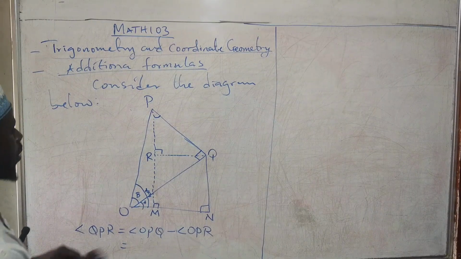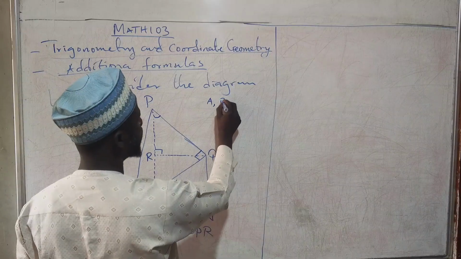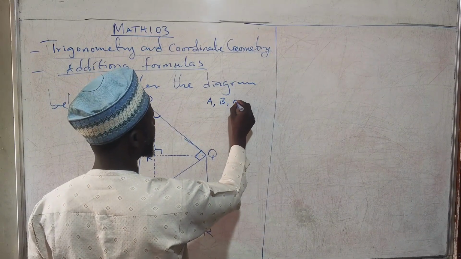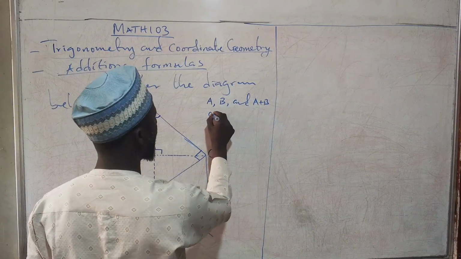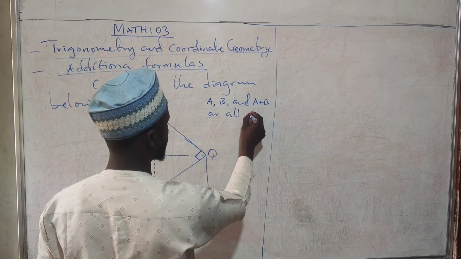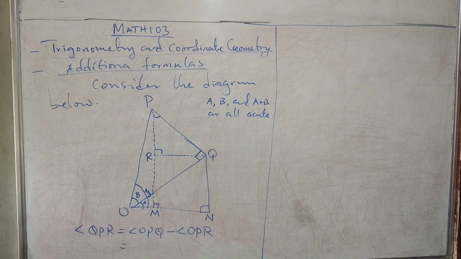So we are assuming that A, B, and A plus B are all acute angles.